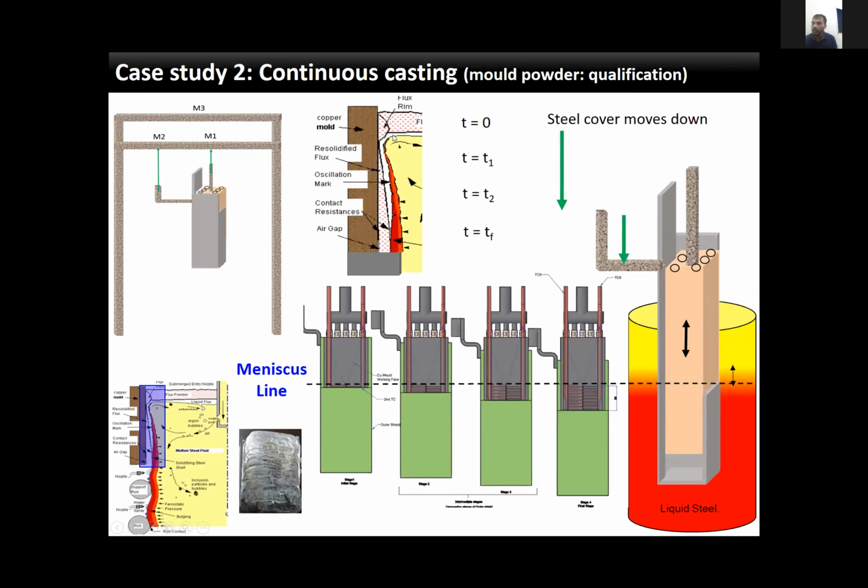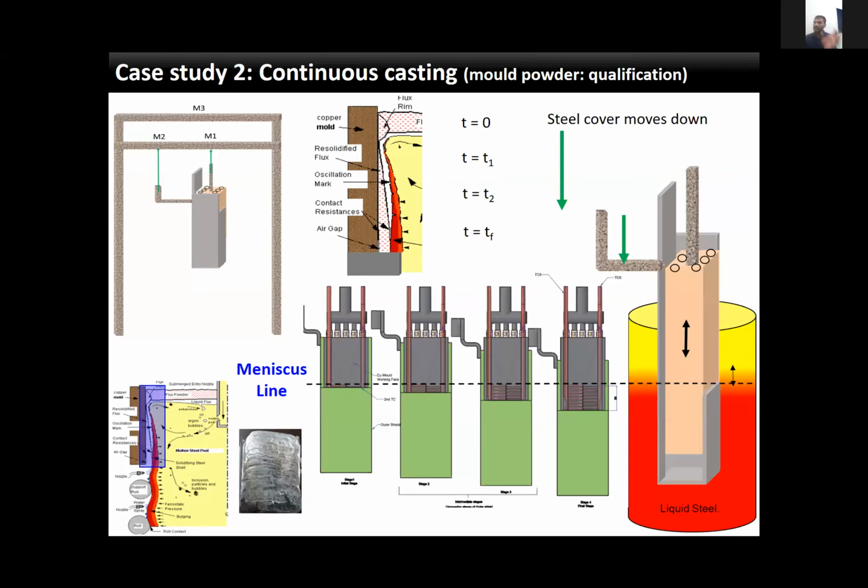It means you are pulling down the initially formed shell so as to simulate the continuous casting process. As the steel cover moves down, the velocity of the cover moving down is basically simulating your casting speed. Now I think it is clear how this downward velocity is simulated for the casting speed.